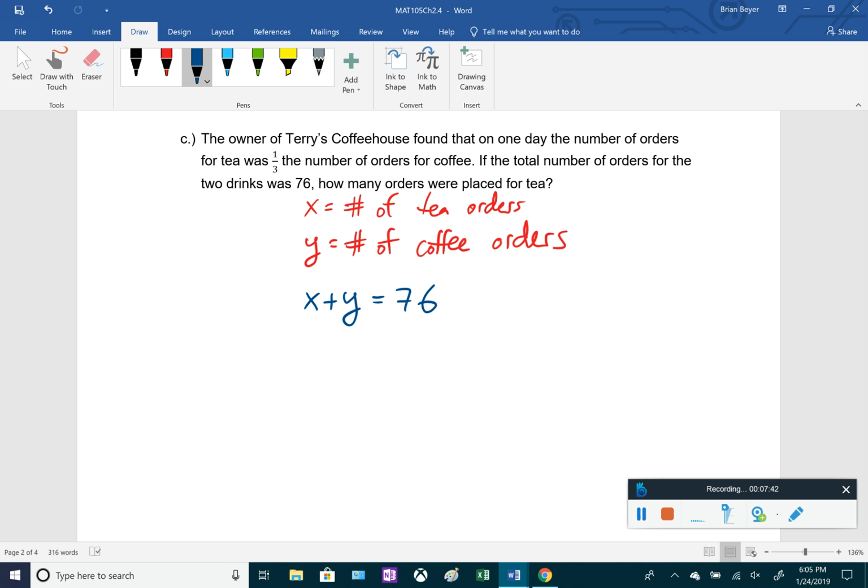So what that means is that instead of the x, we can put 1/3 of the orders of coffee. So x becomes 1/3 of y, which means 1/3 times y. So now we have a linear equation with a fraction, so we can just solve this.